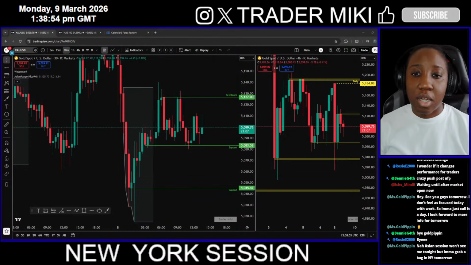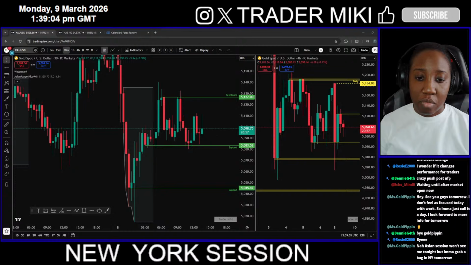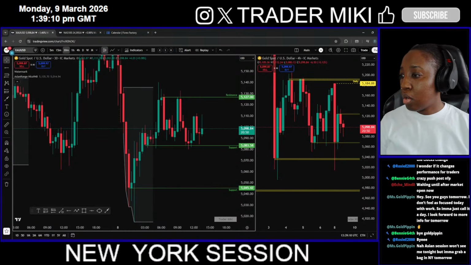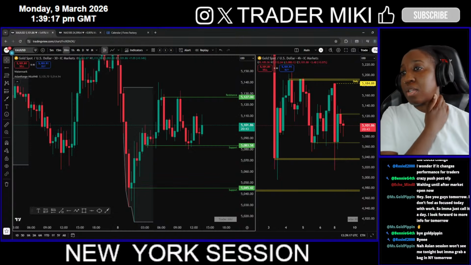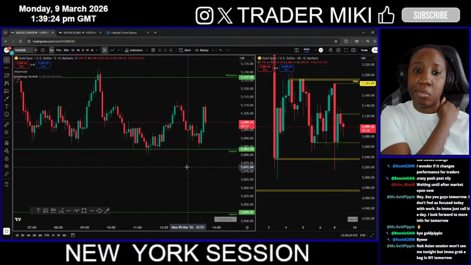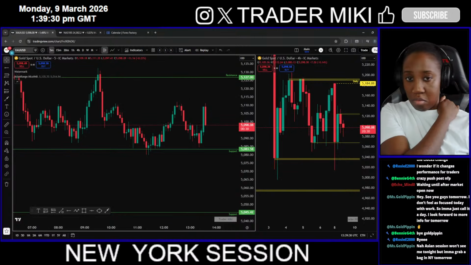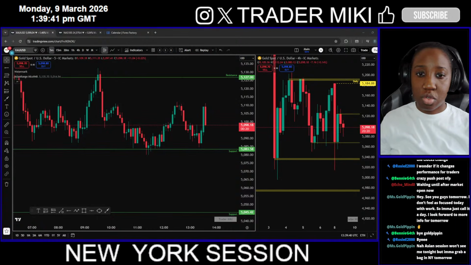Alright, so what was that? Did we just retest this resistance to come back down? What's goody gold? What are we doing? Gold's just up and down like a seesaw right now.